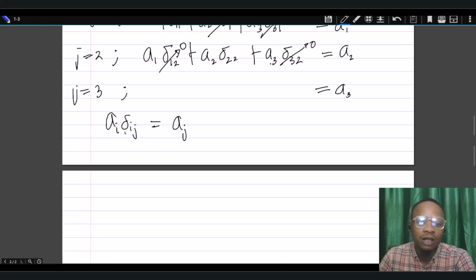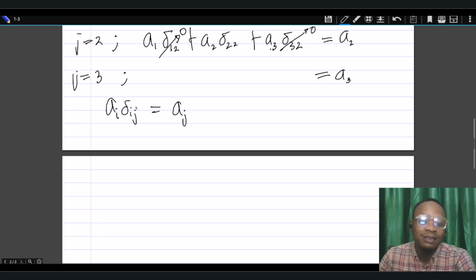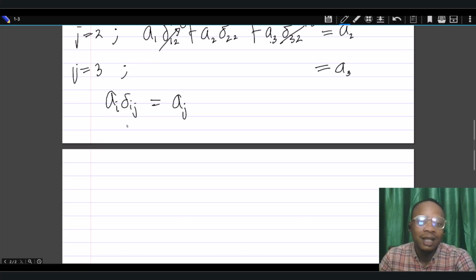So we have i in common, we replace it by j. Instead of having a_i here, we have a_j, and then we let go of the Kronecker delta. That is how we can simplify expressions that carry the Kronecker delta.